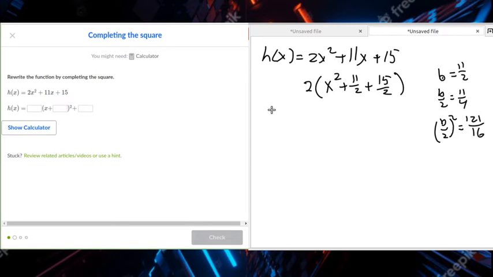So I'm going to have to write this as 2 times x squared plus 11 halves x plus 121/16 minus 121/16 plus 15 halves. I'm going to make that 16 times 8, so 120/16.